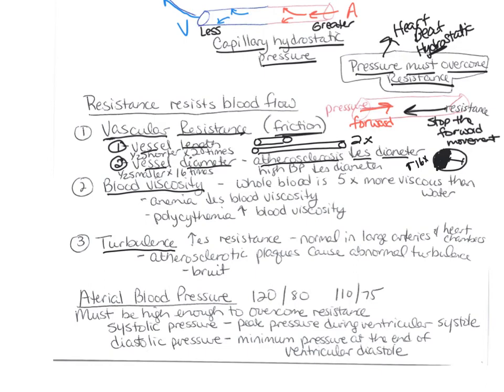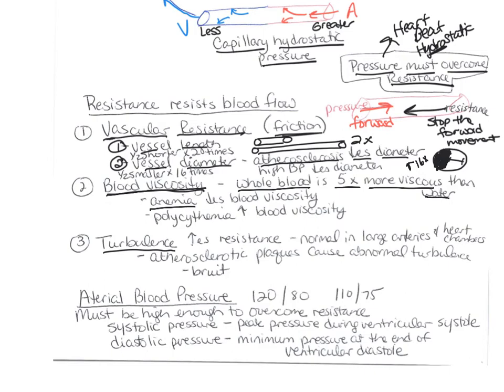Then we have blood viscosity. Blood viscosity, so viscosity means thickness of blood. Your whole blood is about 5 times more viscous or thicker than water. So the thicker the blood is, then the more resistance it will have. There's certain conditions that can either increase or decrease blood viscosity. For example, anemia.